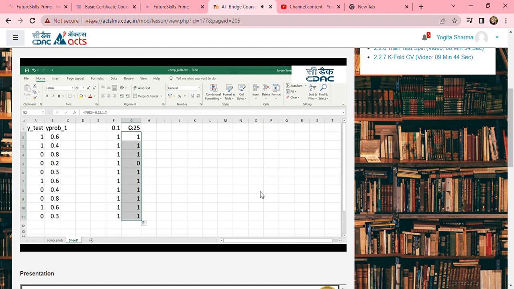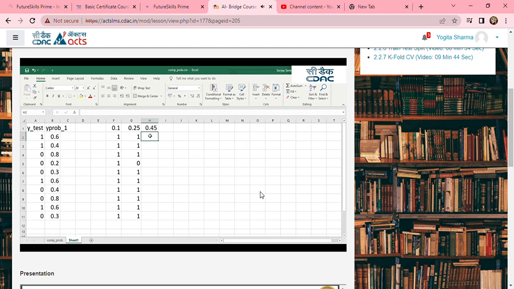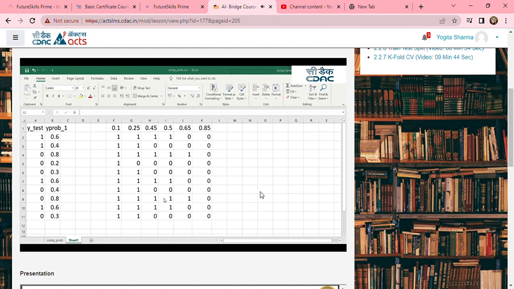You see, when the threshold changes, the series of ones and zeros will change. Hence, for different thresholds we get different series, and for every series we can compare it with the y-test and have a confusion matrix.